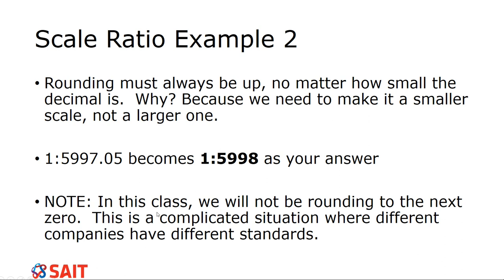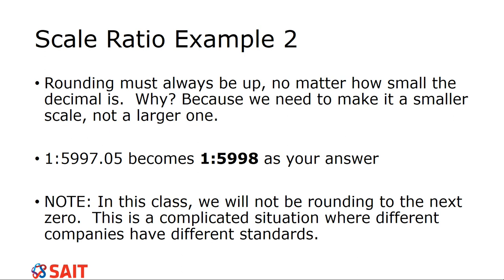So in this class, we will not be rounding to the next zero. Okay, so don't go to zeros, please. Just take your numbers and round to the nearest one. I know that in most drafting situations and a lot of mapping situations, they're going to ask you to put it to the closest 100, 1,000, or even 10,000.